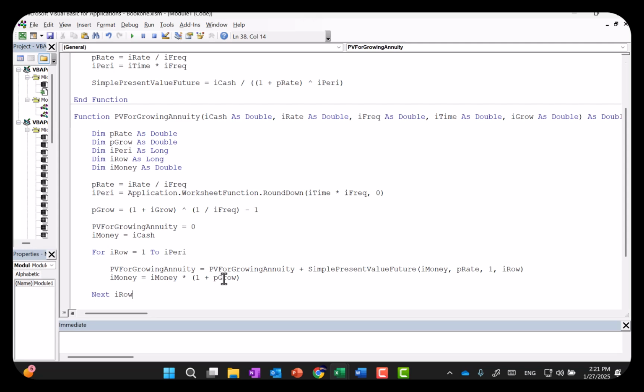Now it's going to take iRow as 2. But I already was prepared and calculated the amount of money that I was going to get in period 2. That's stored in iMoney. And there, calculate the present value of that, added to the previous one. At that point, PV for growing annuity stores the present value of the first 2 payments, the sum of them.